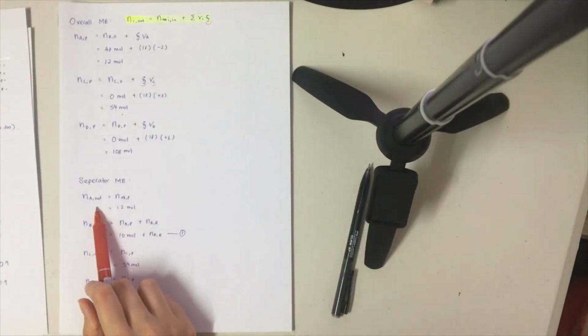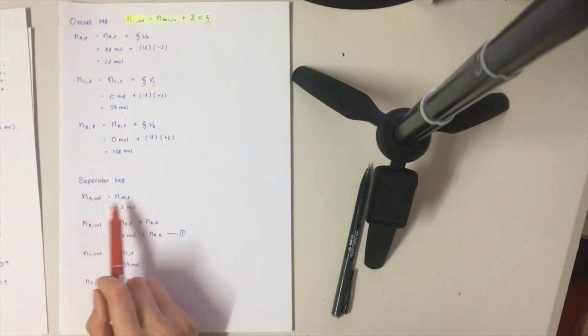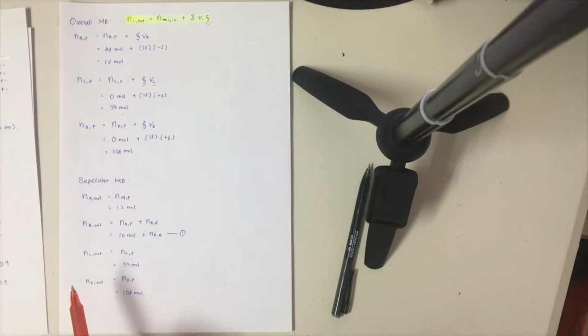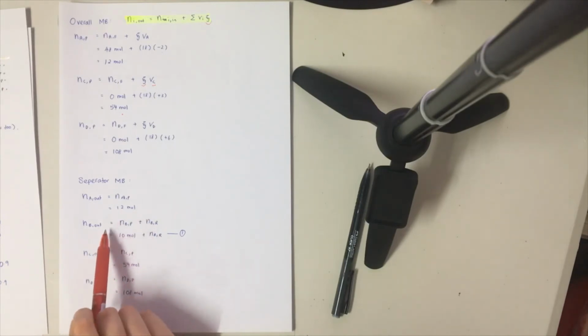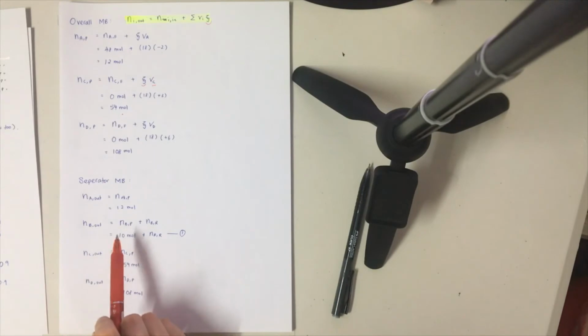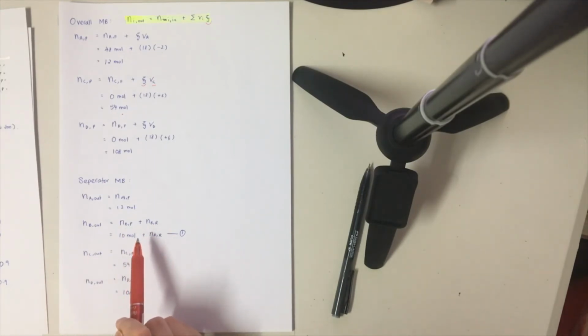So NA out is NAP. So out is equal to in. And NB out is NBP plus NBR. Why?